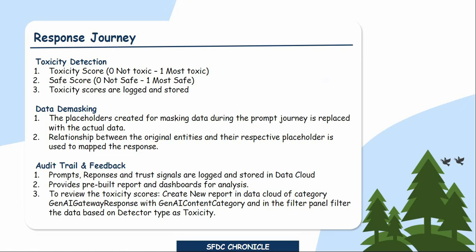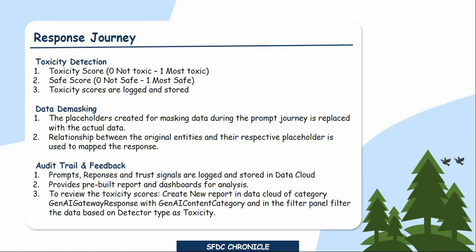Whenever it masks the data, it creates a placeholder for it. Suppose my channel name is SFDC Chronicle. When I send the data to the LLM, I don't want to send my channel name, so I mark it as sensitive data. Then, rather than sending it as SFDC Chronicle, it will replace or mask it as channel name or channel 1, something like that.